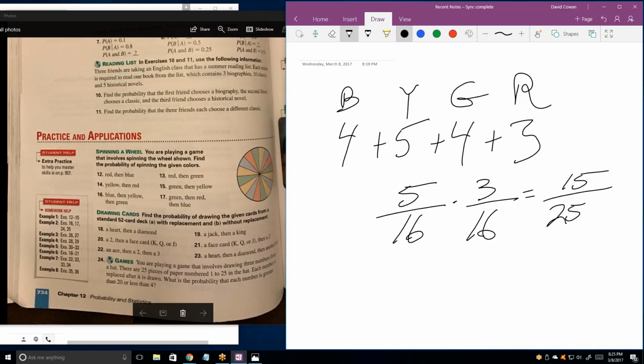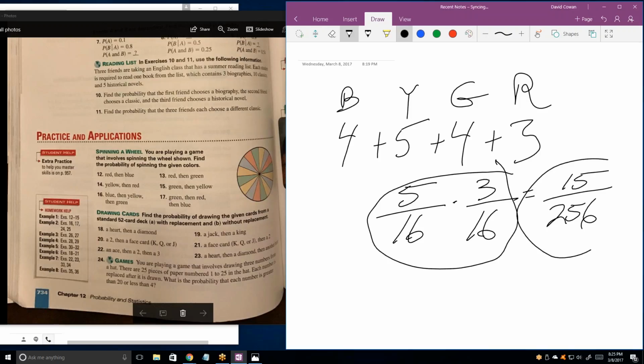You know why I know I can't reduce it? Because if I was able to reduce it, I would have been able to simplify it first. In other words, 5 doesn't go into 16, 3 doesn't go into 16. So there's no way I can simplify this, which means that that's got to be the final answer.